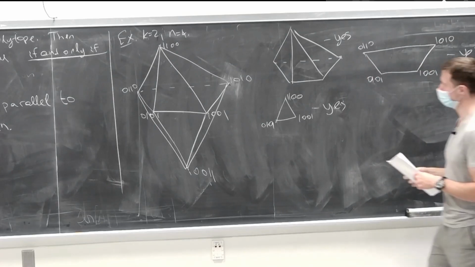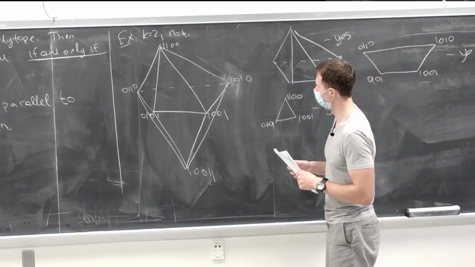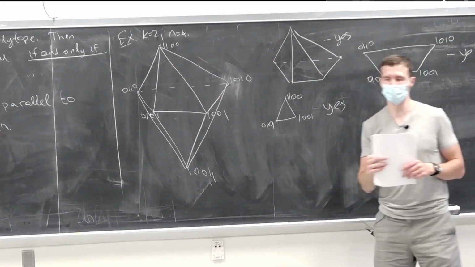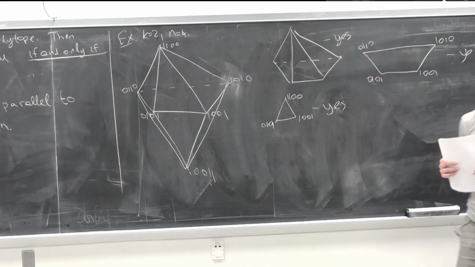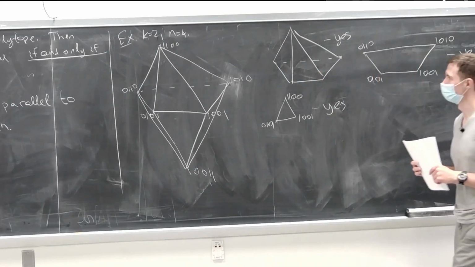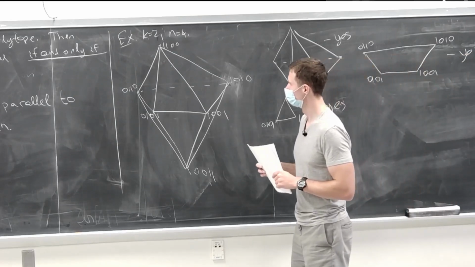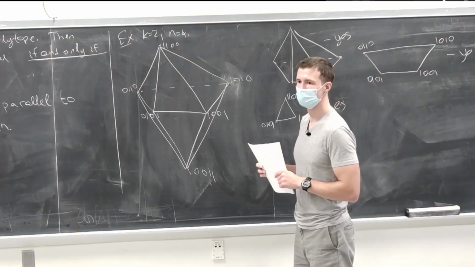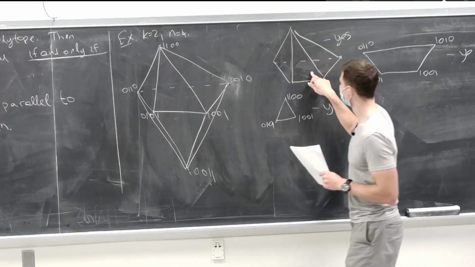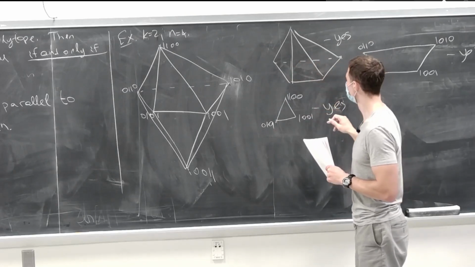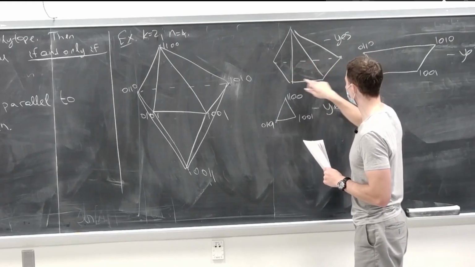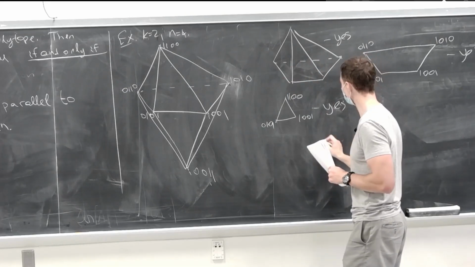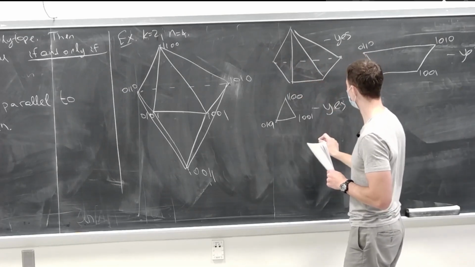So can I just take anything, or what should I take to get something that's not a Matroid polytope? Okay, remove something from the base of the pyramid. Let's try that. So let's say I remove this one.